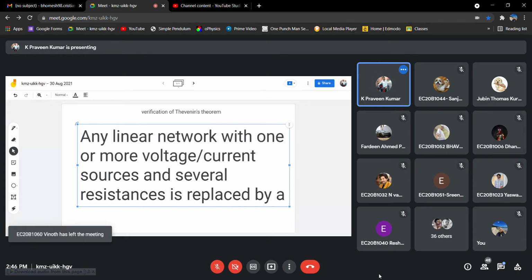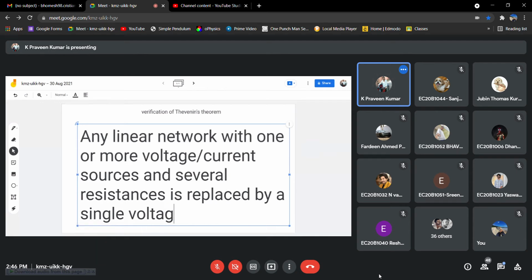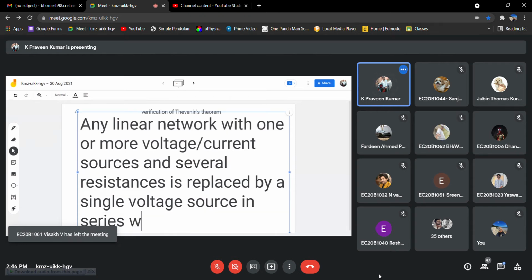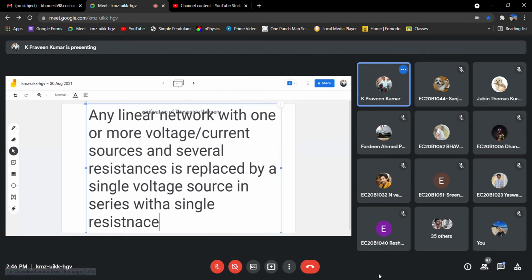by a single voltage source in series with a single resistance.